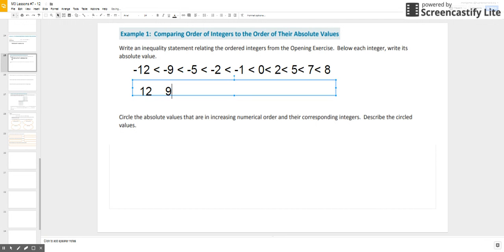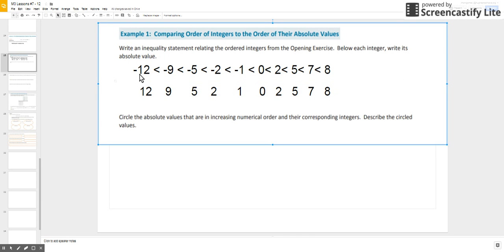The absolute value of -5 is 5, and then 2, and then 1. The only non-positive answer is 0. The absolute value of 2 is 2, 5 is 5, 7 is 7, and 8 is 8. Remember, the absolute values of all the negatives turn positive, and all the positives remain positive. The only thing that's not positive is the 0 here.